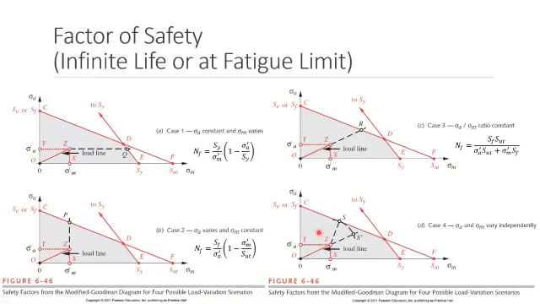The final possibility is that we have no idea what's going to happen. Maybe only sigma a increases, maybe only sigma m increases, maybe the ratio increases. And so what we're going to do is draw a circle. The first circle that touches any of these lines will be the location of the minimum stress for failure, and then we'll find a ratio of that projected distance, the radius from where I am to whatever line was closest.